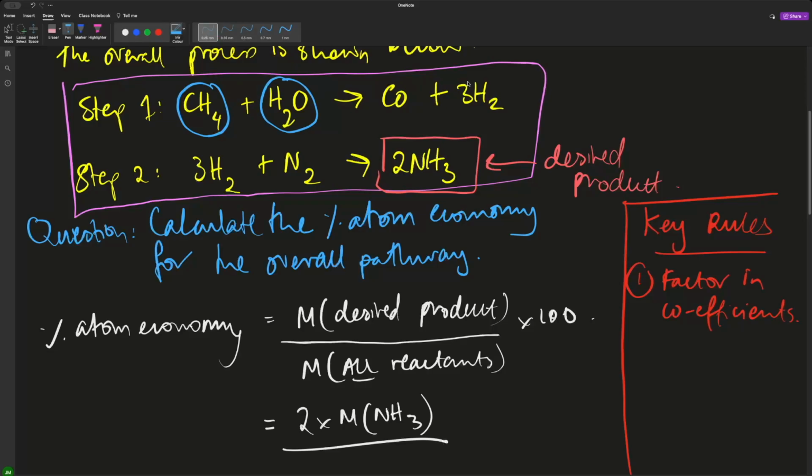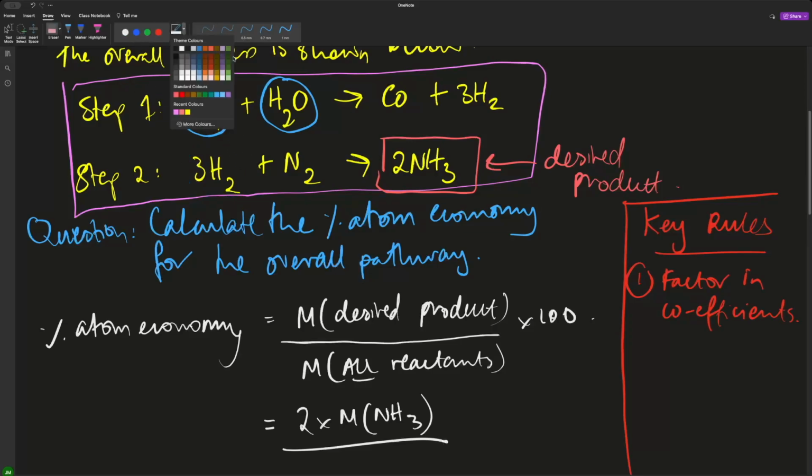But the atoms that the H2 came from are from the CH4 and the H2O, which we already accounted for. So we say that this H2 is an intermediate.